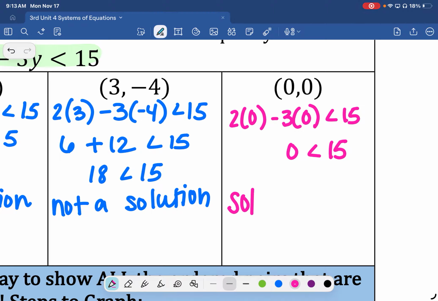So is (3, negative 4) a solution? No. Is (0, 0)? Yes, it is.